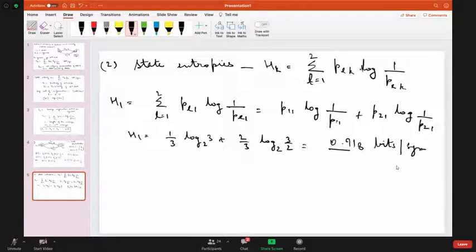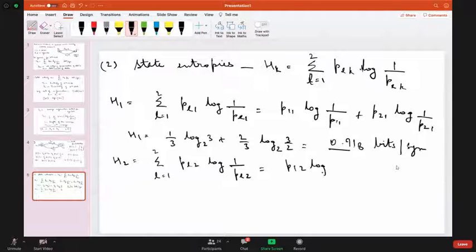So this is H1, and then if you were to evaluate H2, then that will be summation L is equal to 1 to 2 of PL2 log 1 over PL2. So in this case, it will be P12 log 1 over P12 plus P22 log 1 over P22.